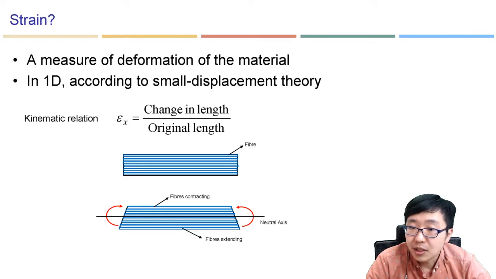From that, we can calculate the strain values, a measure of deformation of the material in 1D slender structures according to the small displacement theory. This strain value is the change in length over the original length. We have learned this before.